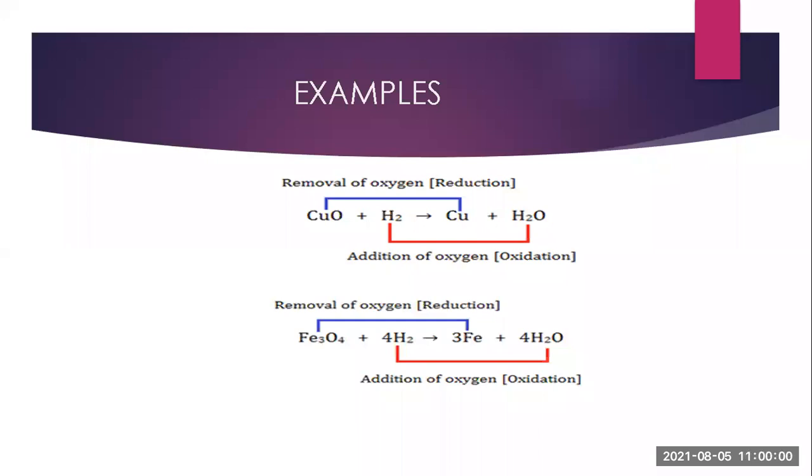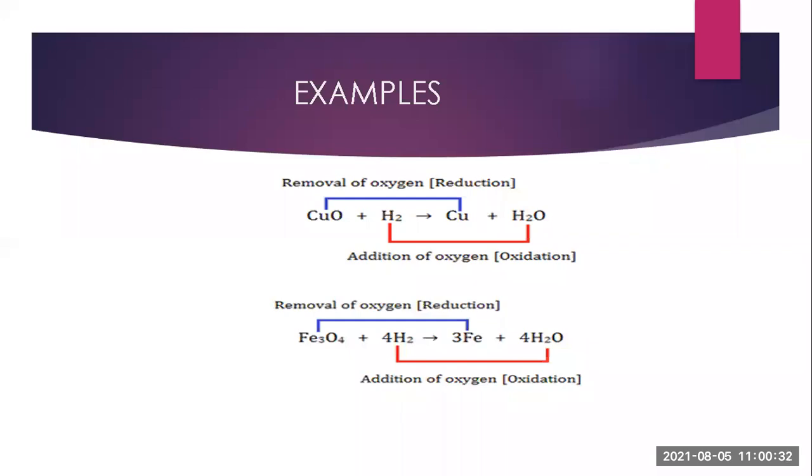So here CuO loses its oxygen, and hence it is gained by the hydrogen. In this case, copper is reduced and hydrogen is oxidized. So addition of oxygen is oxidation and removal of oxygen is reduction. If either removal or addition of oxygen happens in a reaction, that is also a reduction and oxidation process.